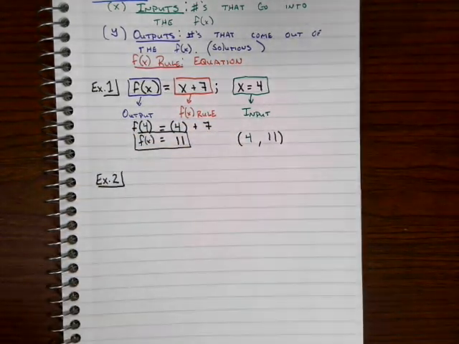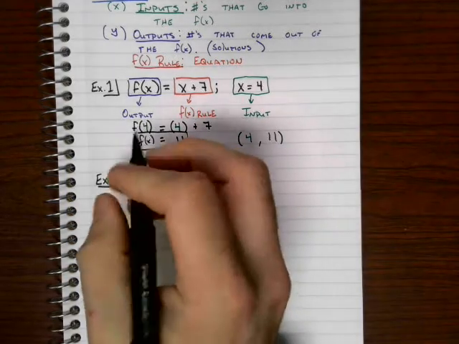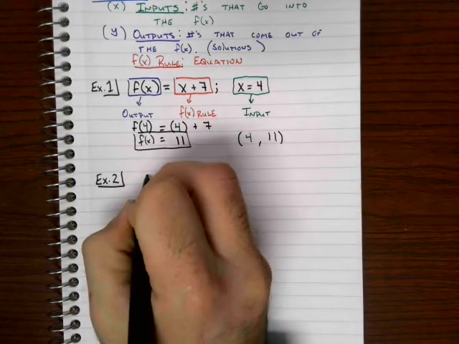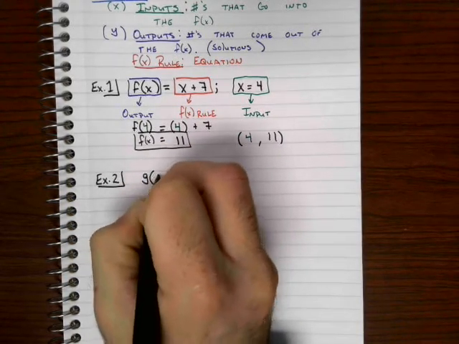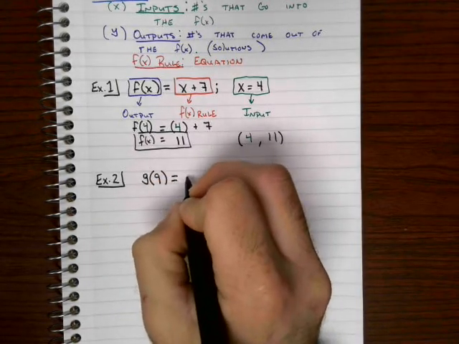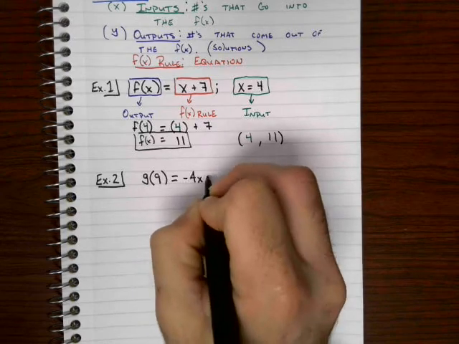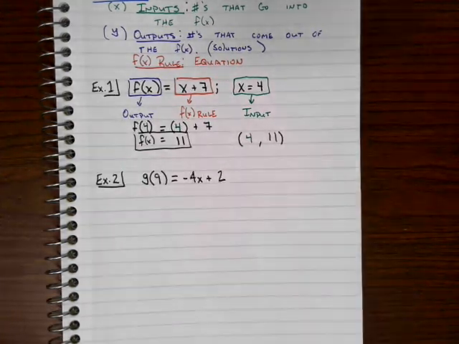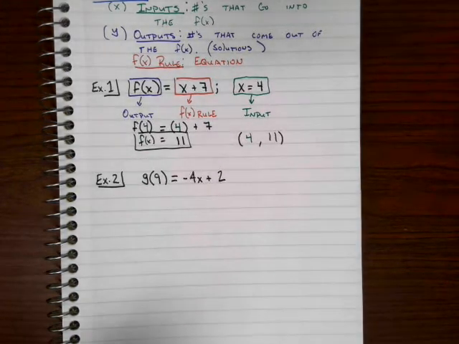So I'm going to write this one a little differently. I might say something like this: g of 9 equals negative 4x plus 2. So you may look at this and say, what is this asking?